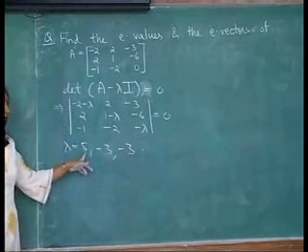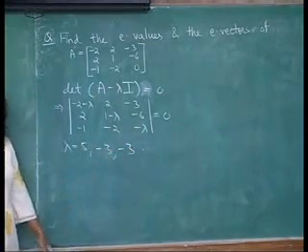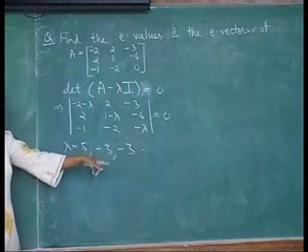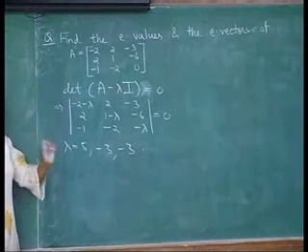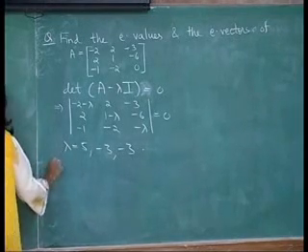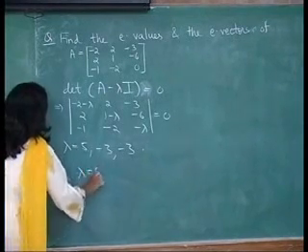Lambda equal to 5, -3, -3. Now for each of these eigenvalues, I am going to find the corresponding eigenvector. So let us start with lambda equal to 5.